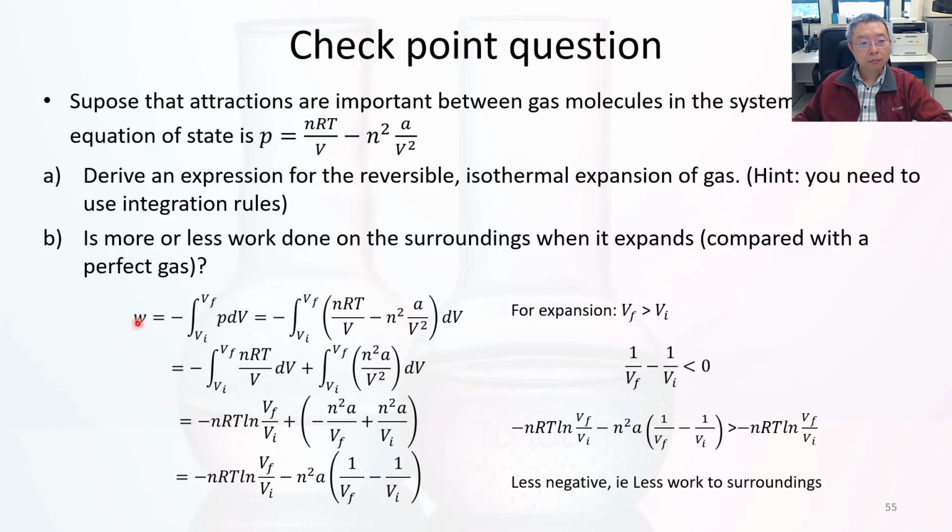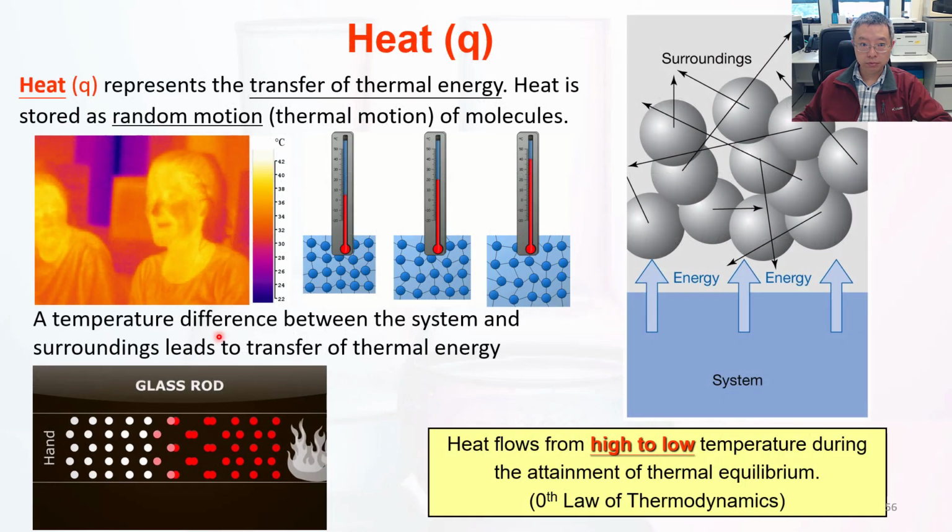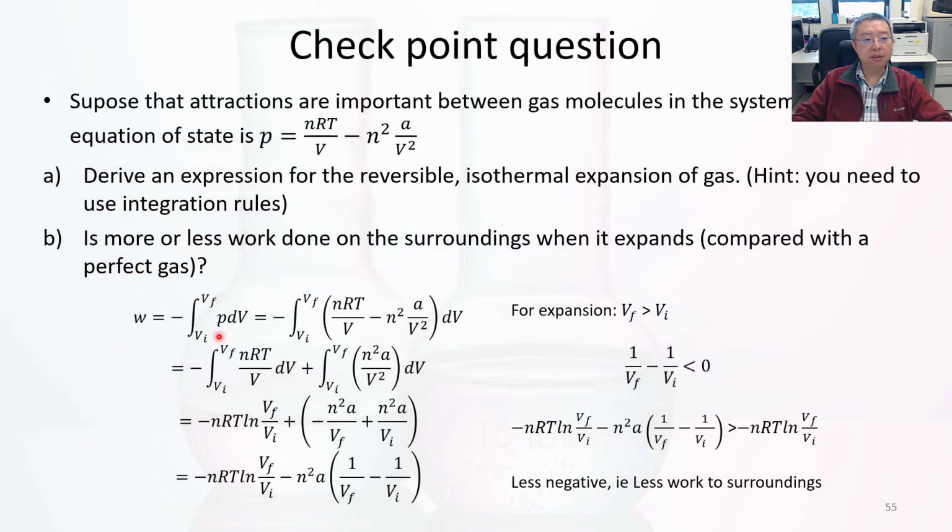Work is equal to minus the integral from VI to VF of P dV, because this is a reversible expansion. That means the P external is equal to the P internal.